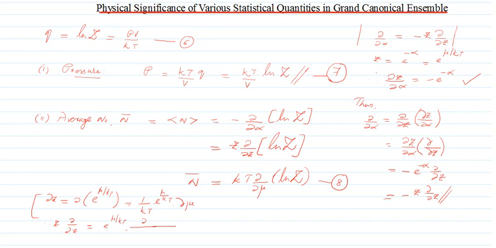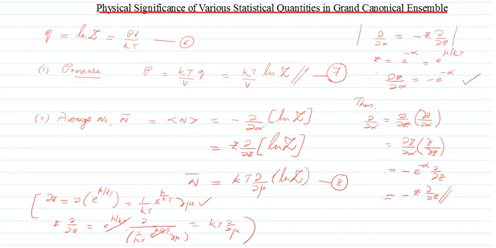Already we have obtained this relation, so I am substituting that in the denominator, 1/kT e raised to μ/kT into ∂μ. So this e raised to μ/kT will get cancelled, and what you are left with is kT going up, so that is equal to kT ∂/∂μ. That is what we have used there.